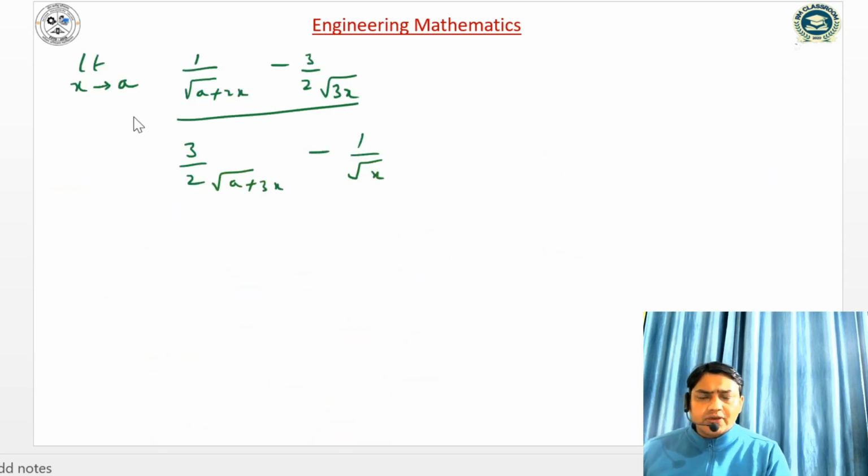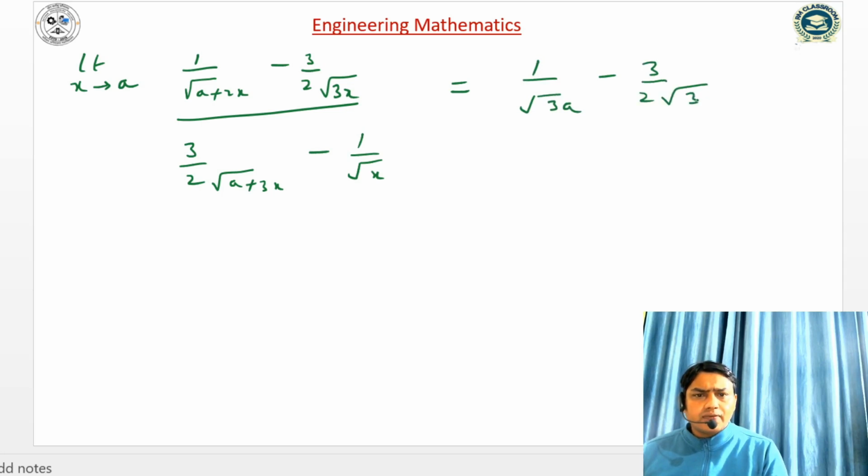So put the value x equal to a, so it will be 1 by square root of 3a minus 3 by 2 square root of 3a, divided by 3 by 2 square root of 4a minus 1 by square root of a.